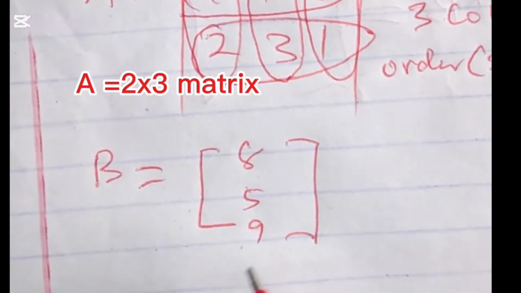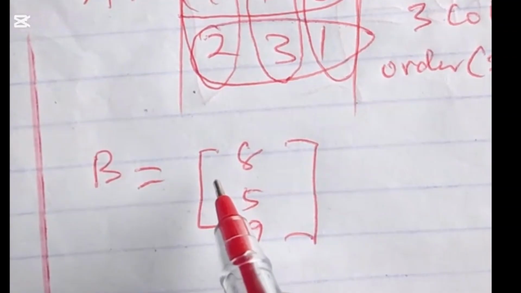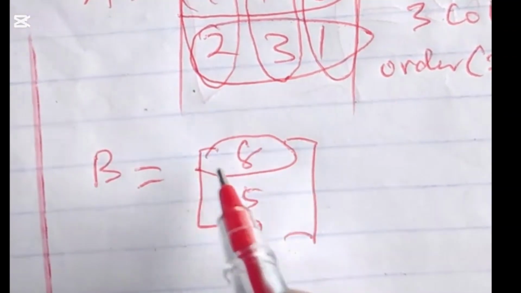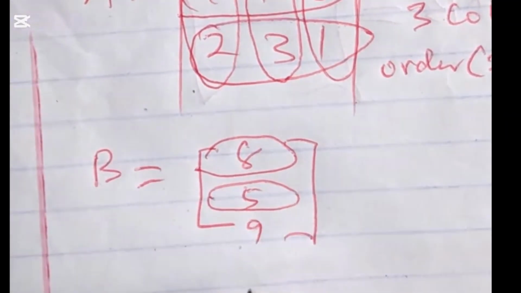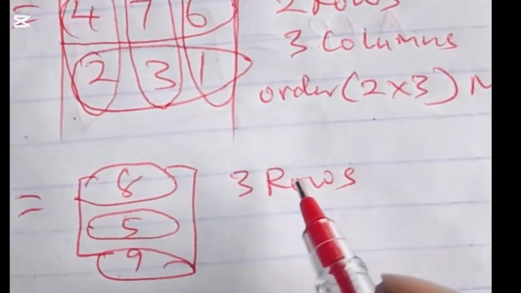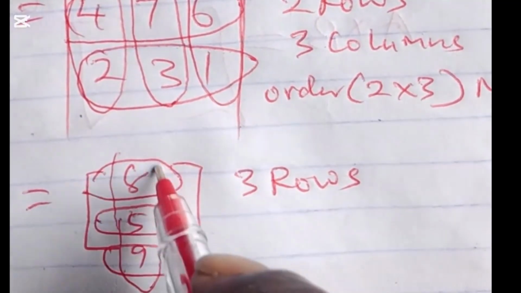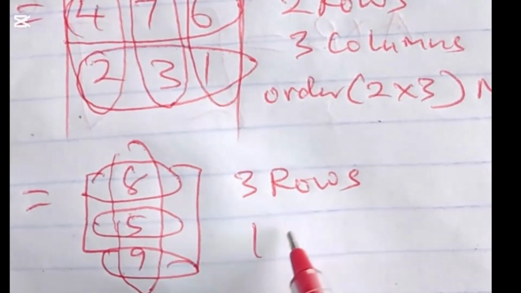In B, we have the first row, second row, and third row, so 3 rows, and just 1 column.